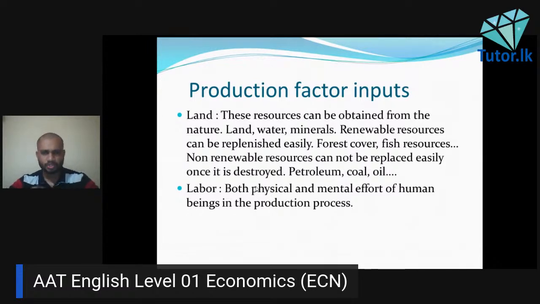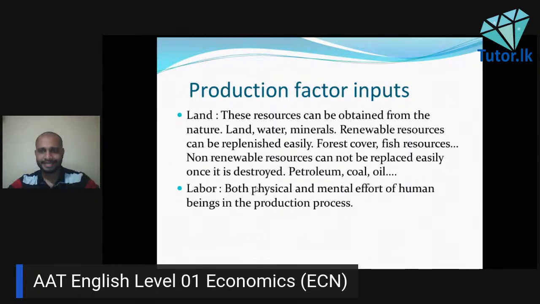Another thing you need to understand is that land will be classified into two main areas: renewable resources and non-renewable resources. I will first take non-renewable resources. Non-renewable resources means, let's say you utilized something once. Let's say we take oil.